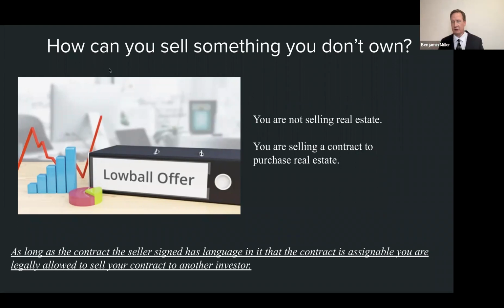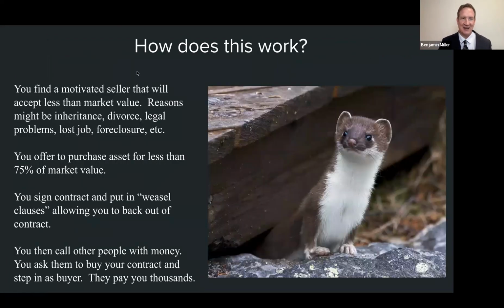You can buy it yourself, or you can assign it maybe to one of your companies, maybe one of your business partners, maybe one of your friends, or maybe just someone you met that has a lot of money that likes the idea of buying this asset. So that is what's called an assignable contract, and it is really exciting.